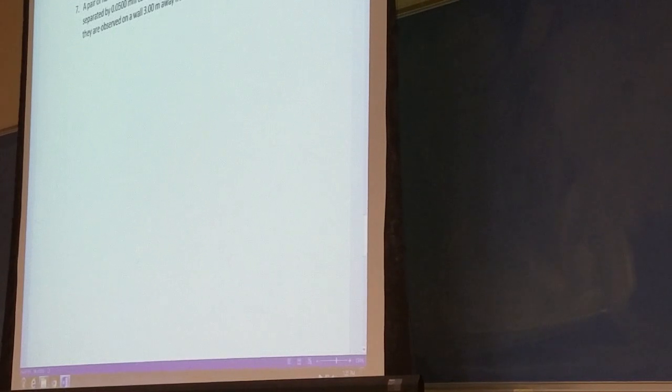All right, so this is a pair of narrow slits. So we're dealing with the formula for two-slit diffraction, or two-slit interference, rather.